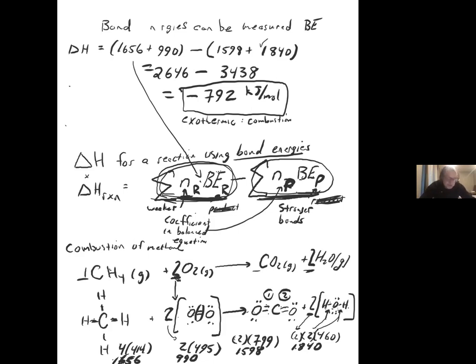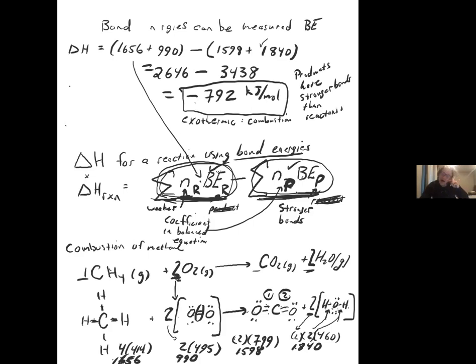If the sum of those numbers is larger than the sum of these numbers, you're going to get a negative number. So that tells us that when we get an exothermic reaction, that means the products have overall stronger bonds than the reactants.